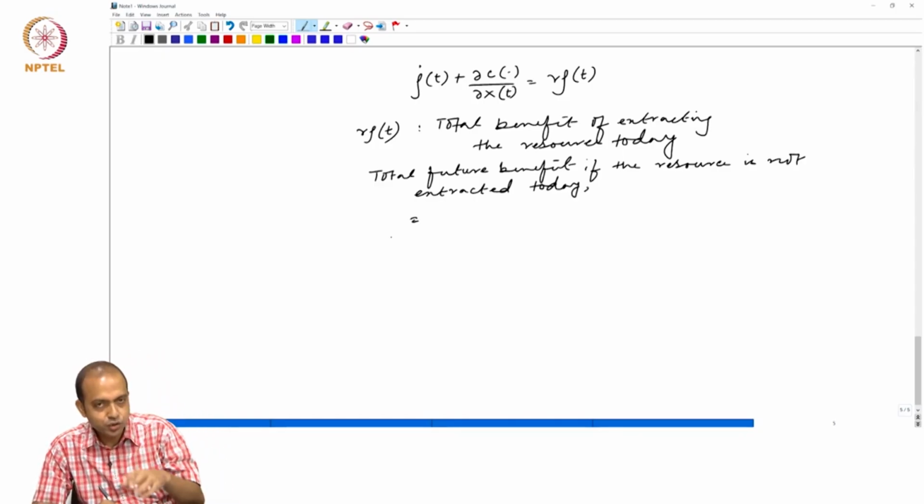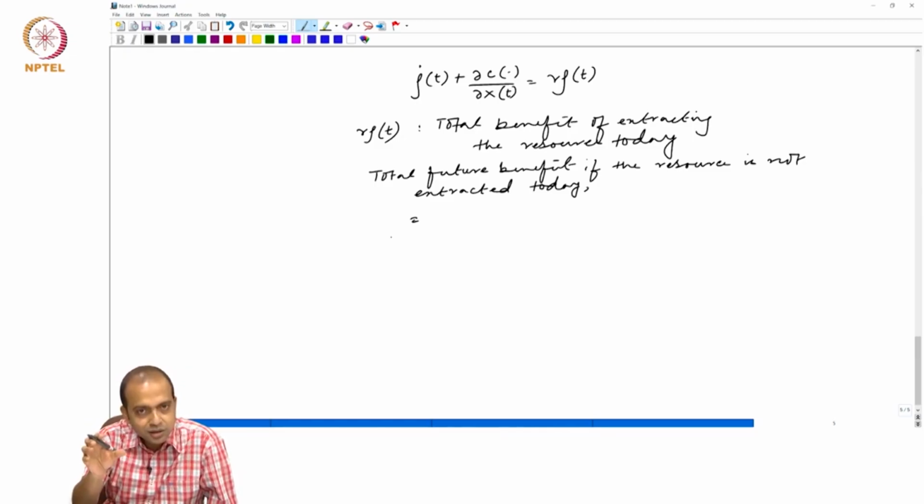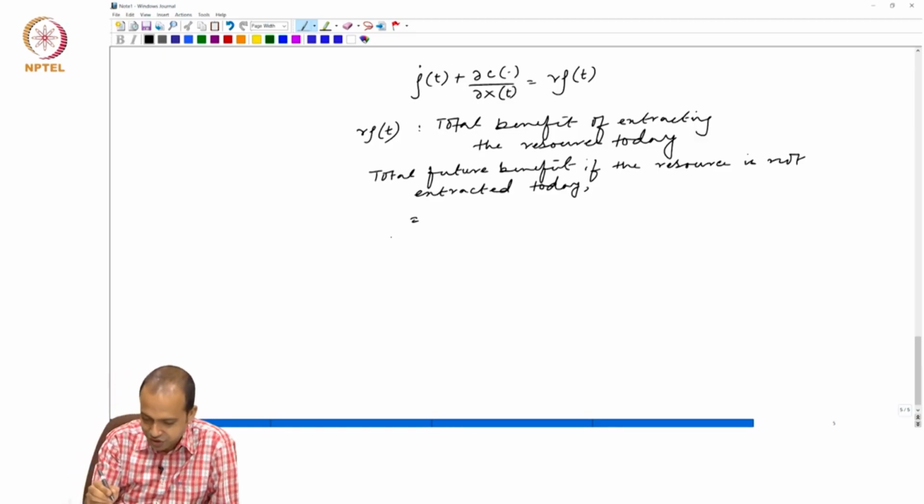If I keep the resource for tomorrow's use, tomorrow there will be more stock and that will have an impact on the cost of extraction, which is called the stock effect on cost of extraction.